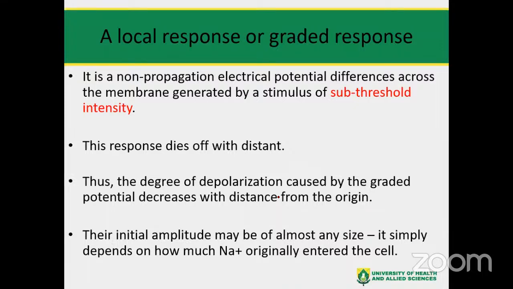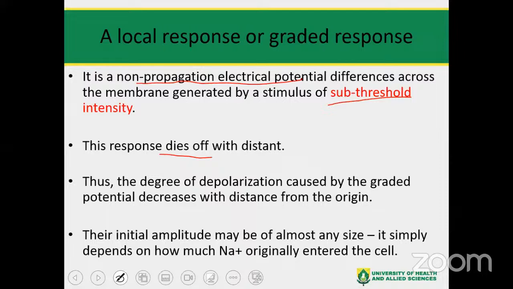Number one, the stimulus is of sub-threshold intensity. When that happens, the impulse will not travel, it dies off. That's why at the beginning of the definition we said non-propagation. Electrical potential difference, so it dies off.